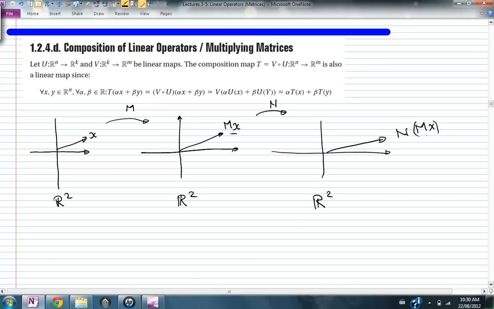And usually the question is, can I find a matrix that represents the function of NM? So basically, what is the matrix that would give me this new result, NM multiplied by x?